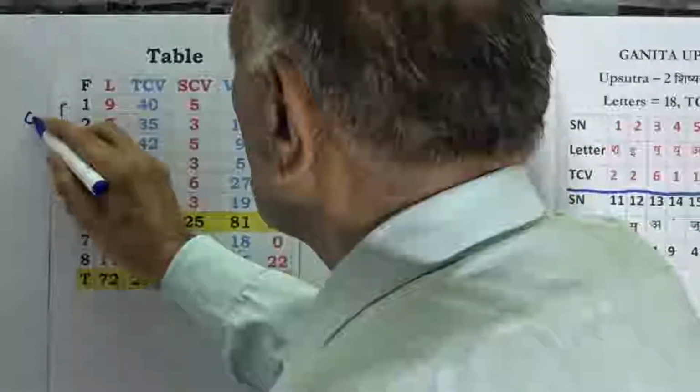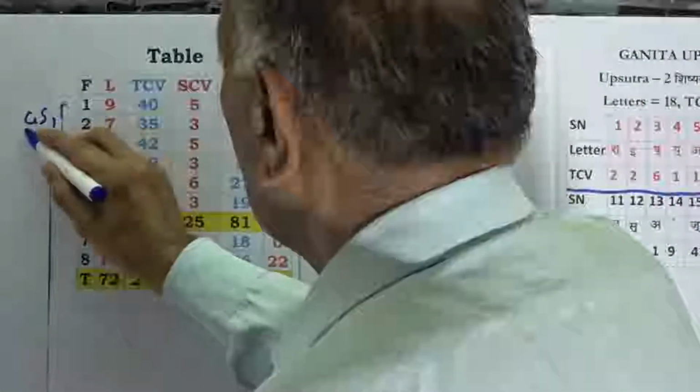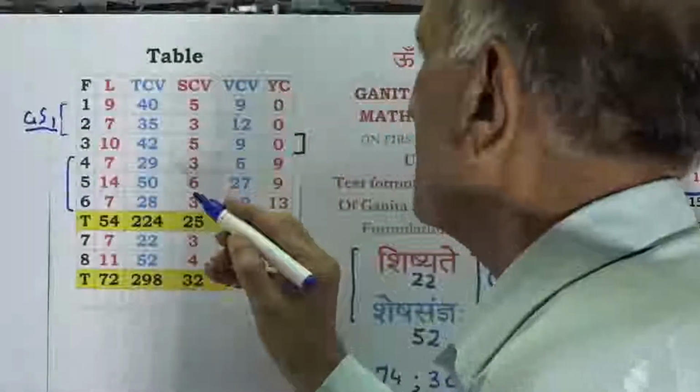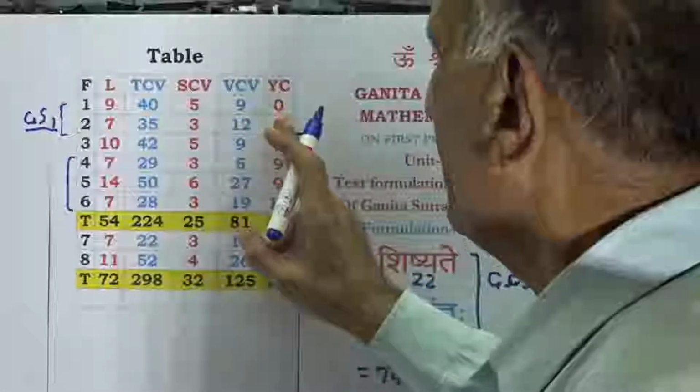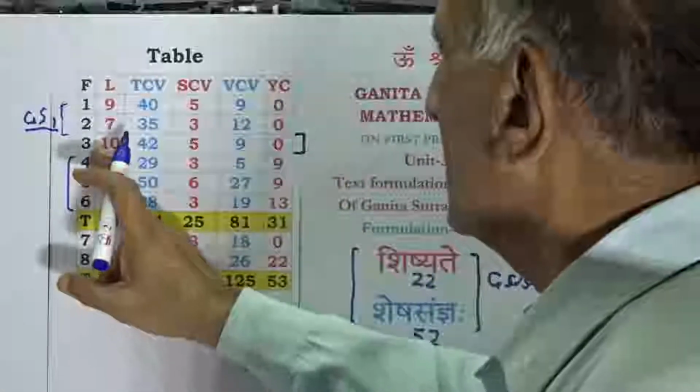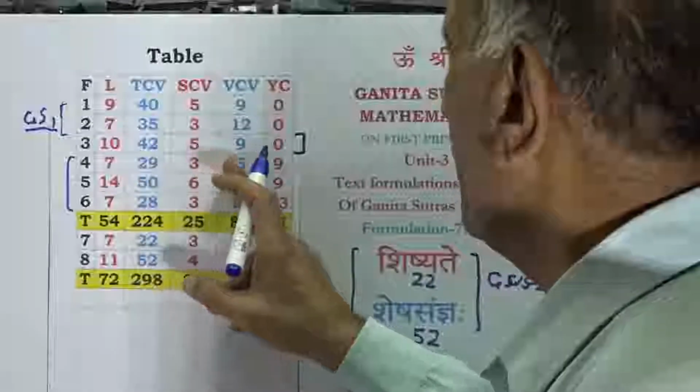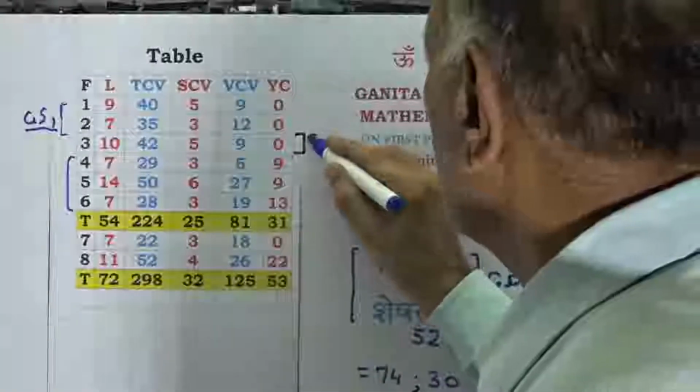Third formulation Anurupyena is Ganita Upsutra 1.